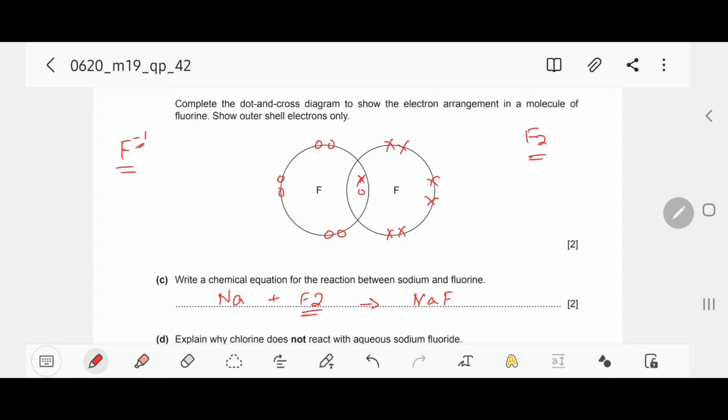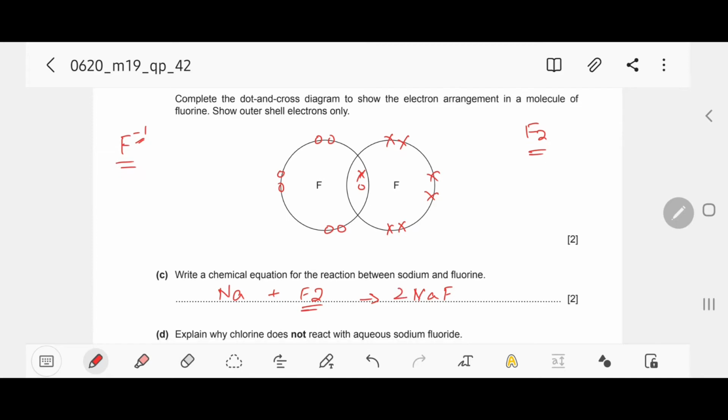There are many students who usually forget to balance the equation after they have written all the long equations. So just remember to balance the equation after writing it. If you balance, there are 2F, so you add 2, and okay, it's balanced.